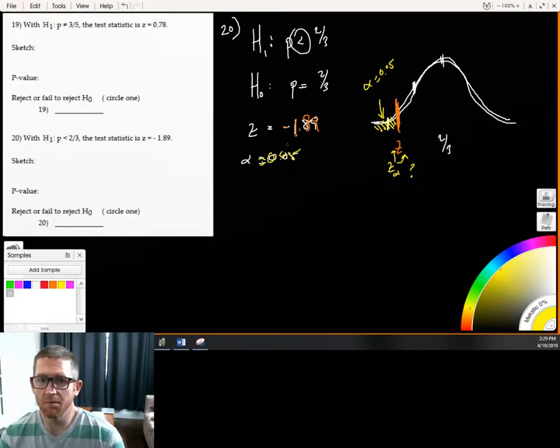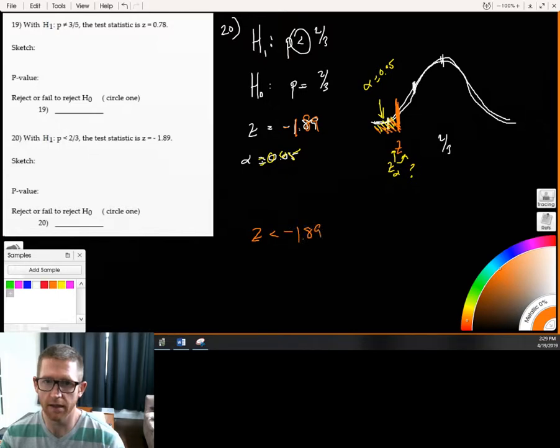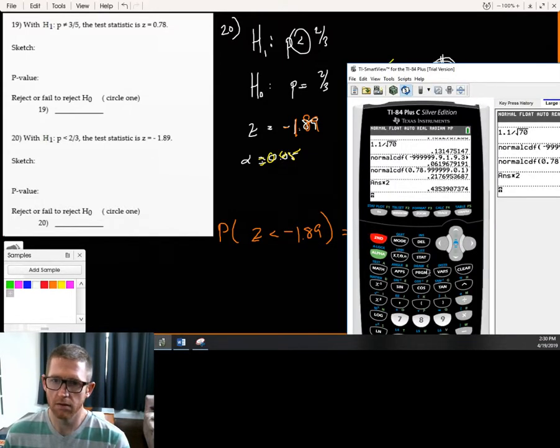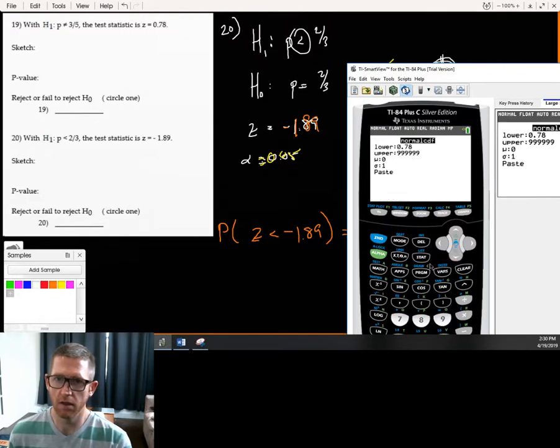Let's find out. This is actually really close. So we're going to need to compare our z alpha to the z, or another way to think about it, find the area to the left when z is less than -1.89. So what's the probability that z is less than -1.89? That's the area under that curve. So again, we're going to use normal CDF, from negative infinity to -1.89, mean of 0 and standard deviation of 1.